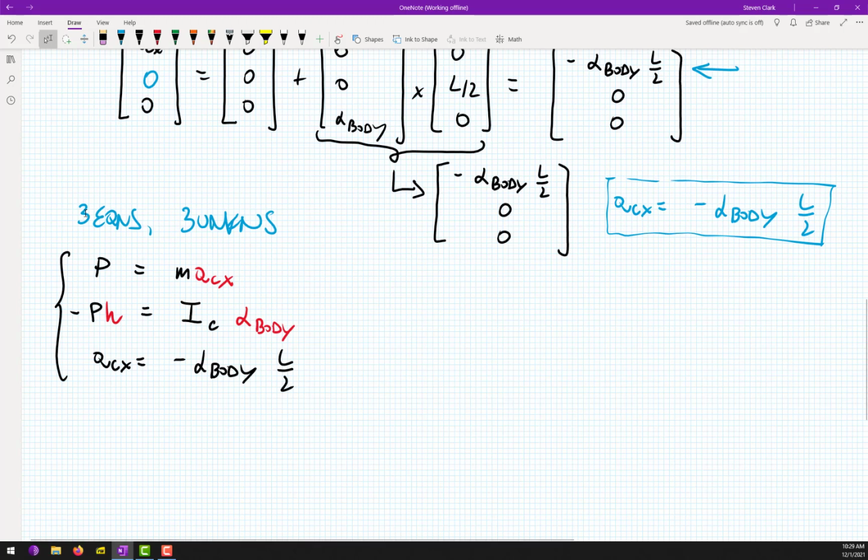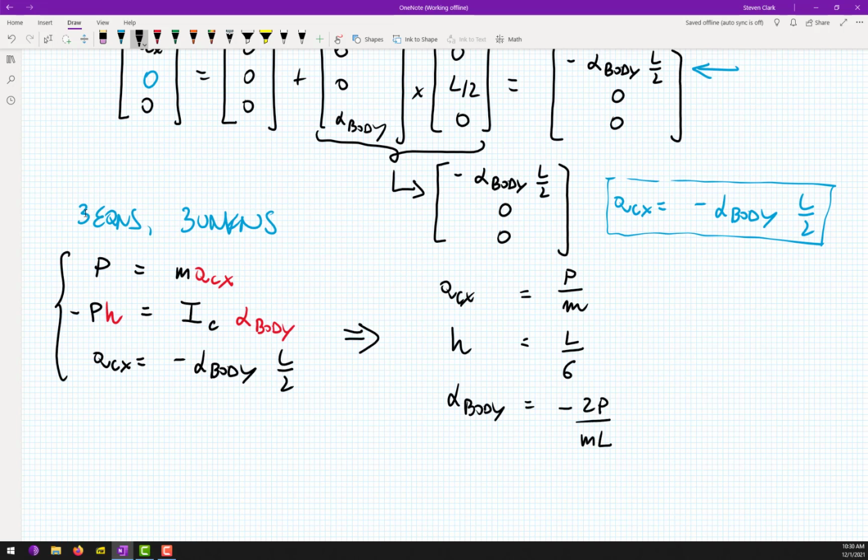So if you solve that, you end up with ACX, H, and alpha body equal to, respectively, P over M, L over 6, and alpha body equal to minus 2P over ML. Yeah, it makes sense.